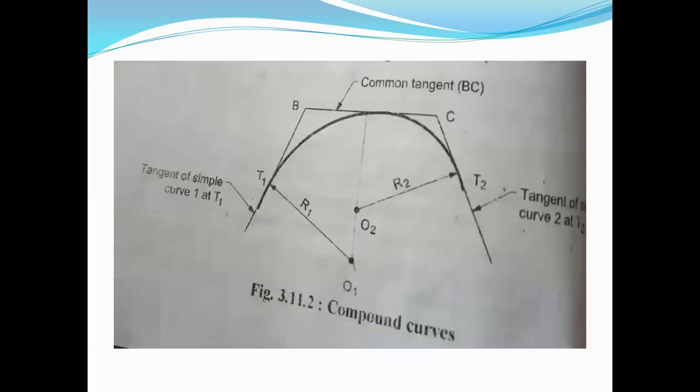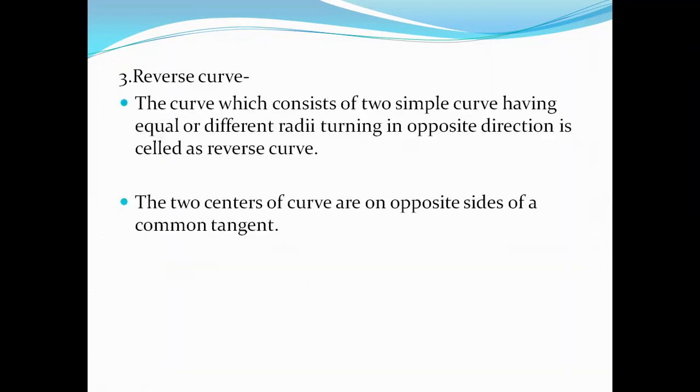The curve having a series of two or more simple curves is the compound curve. See, this is the diagram of a compound curve, which can consist of two simple curves.